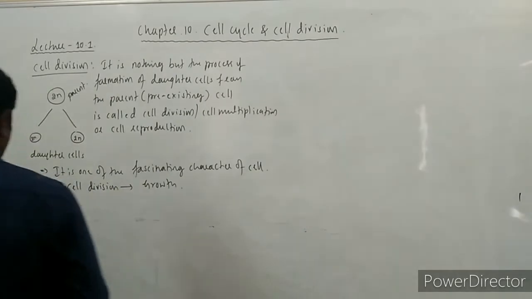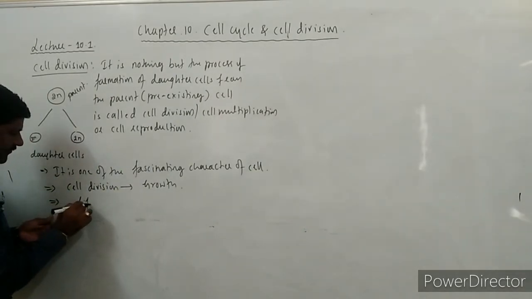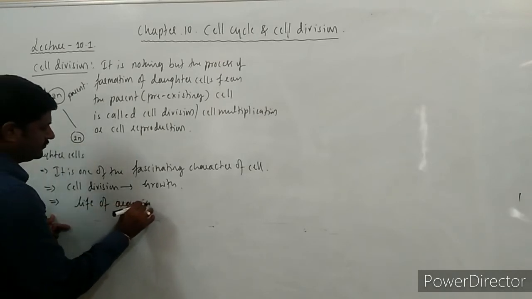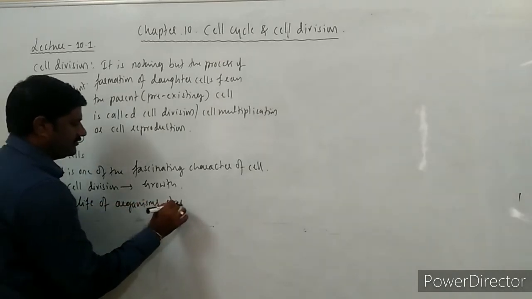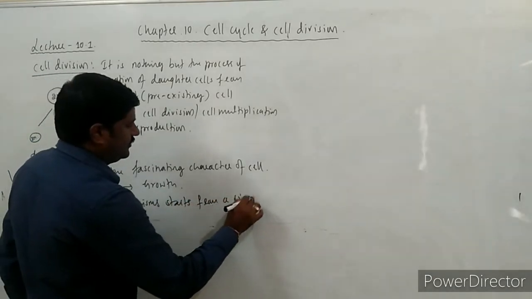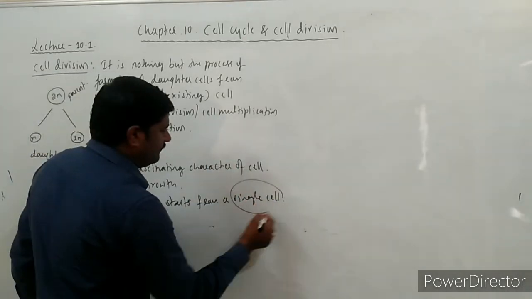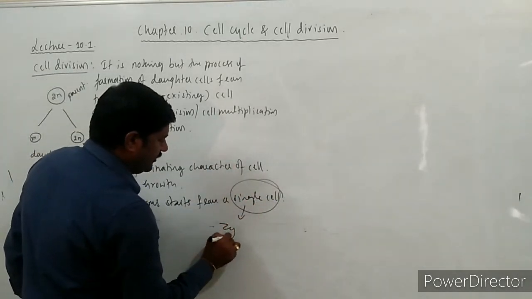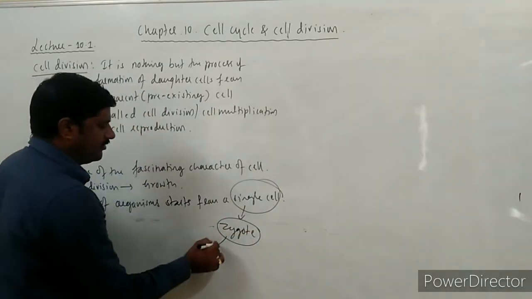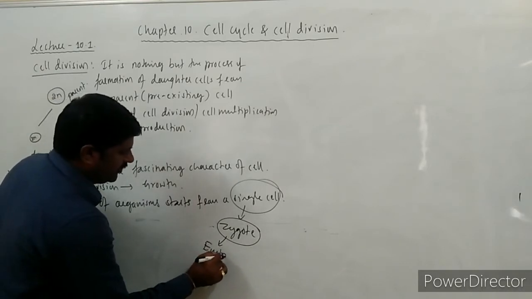See here, the life of all organisms starts from a single cell. That single cell, consider it is a zygote. Zygote divides and redivides to form what?